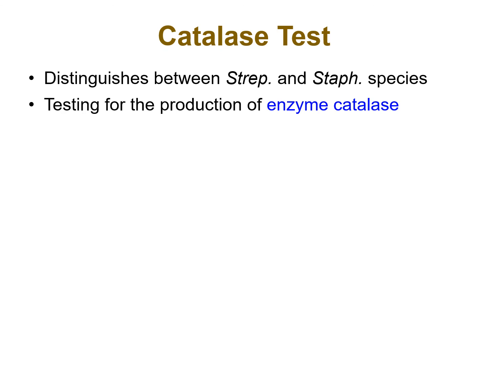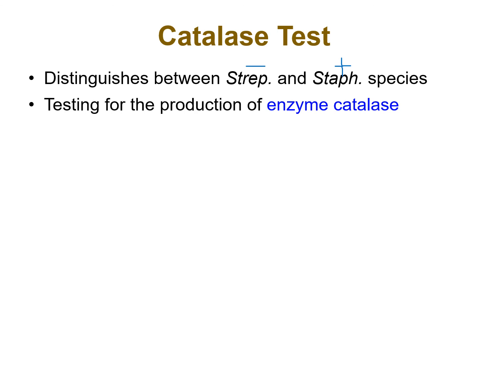Another test is called the catalase test, and this one is going to help us differentiate between our Streptococcus and our Staphylococcus species. Now, Staphylococcus, by the way, are going to be catalase positive, and Streptococcus are going to be catalase negative. So what does that mean?